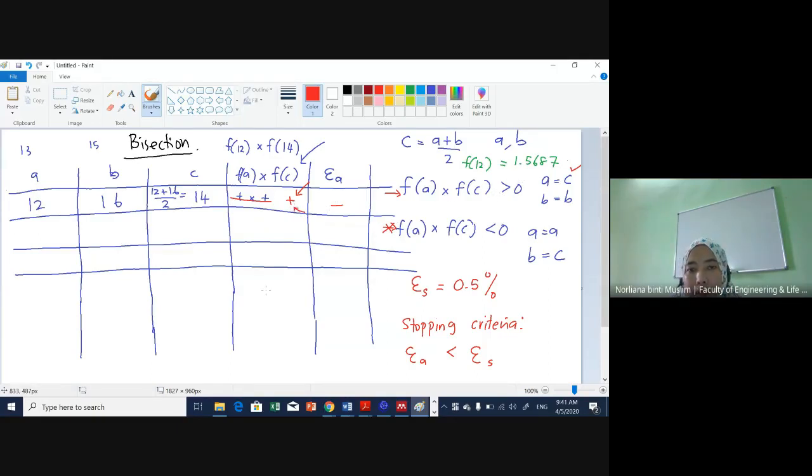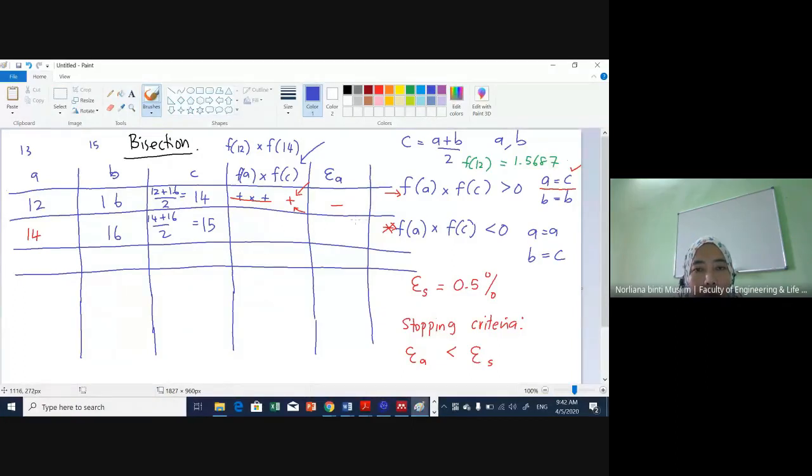So in the next calculation, your new A will be C, which is 14 here. B remains the same, no changes. So we have 14, 16. Calculate the new value of C: 14 plus 16 divided by 2, so we have 15.